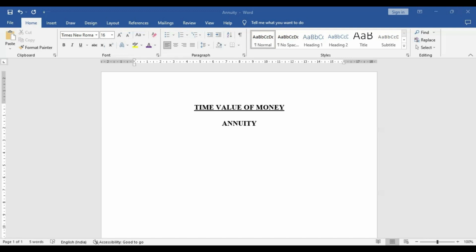Annuity is basically a sequence of payments equal in amount at uniform time intervals.